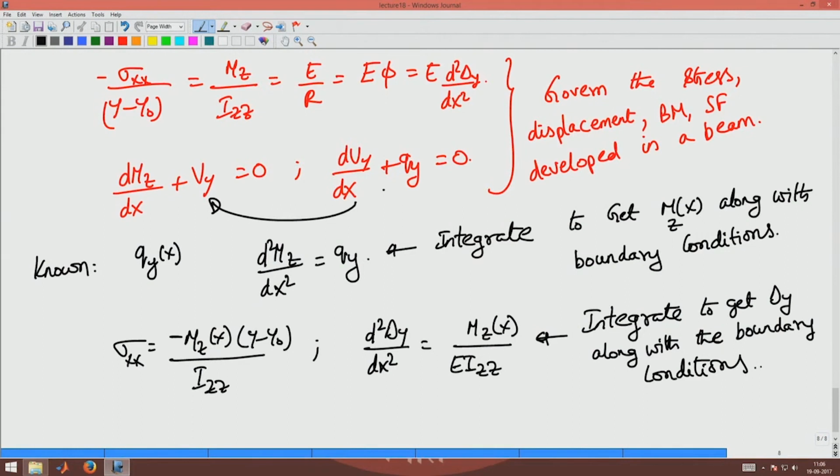Now, combining these two equations, what I get is d square by dx square of E times Izz d square delta y by dx square equal to qy.